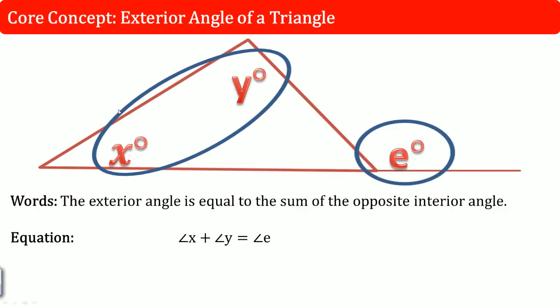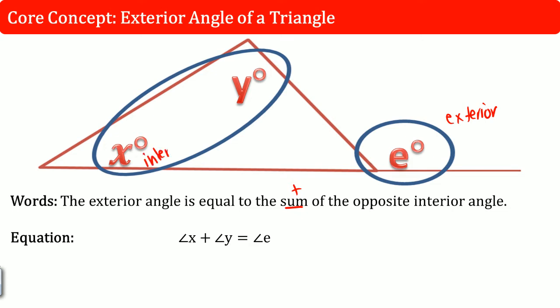This leads us to our core concept. This is considered an exterior angle. It's considered an exterior angle because it's on the outside. We know that the exterior angle of a triangle is the sum, that means add, of the opposite interior angles. These are both inside, right?